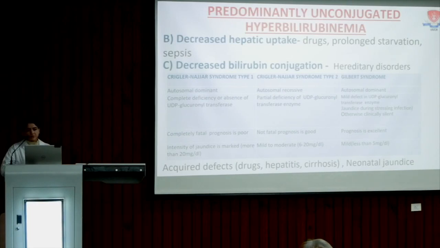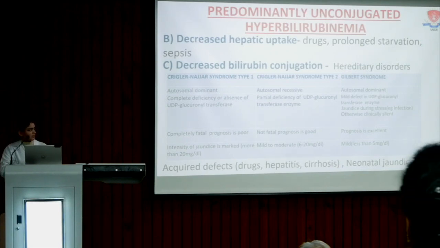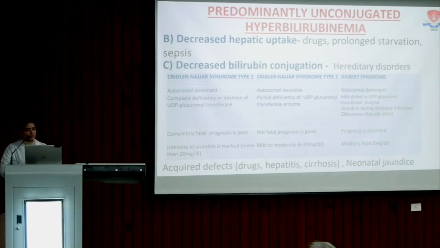Crigler-Najjar syndrome type 1 is autosomal recessive. There is complete deficiency or absence of UDP glucuronyl transferase enzyme. So there is no conjugation of bilirubin, and it is a fatal syndrome, and the prognosis is poor. Whereas in Crigler-Najjar syndrome type 2, which is autosomal dominant, there is partial deficiency of UDP glucuronyl transferase enzyme.